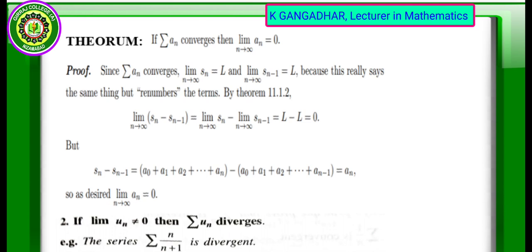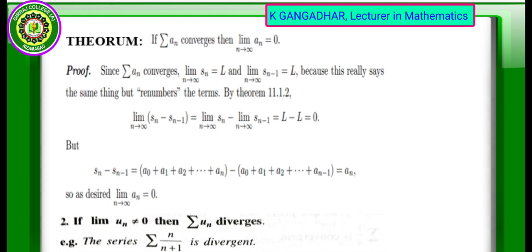Sn minus 1 is a0 plus a1 up to an minus 1. So when we subtract, the terms up to n minus 1 are cancelled, and we get only the value an.